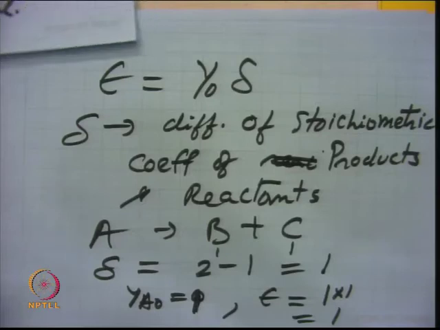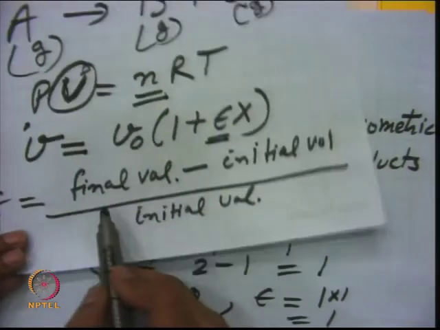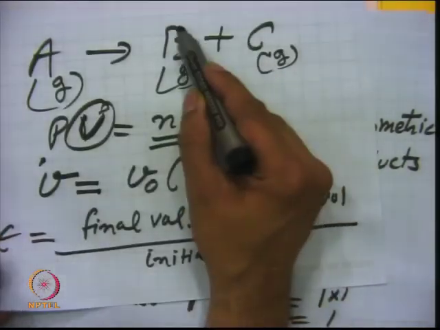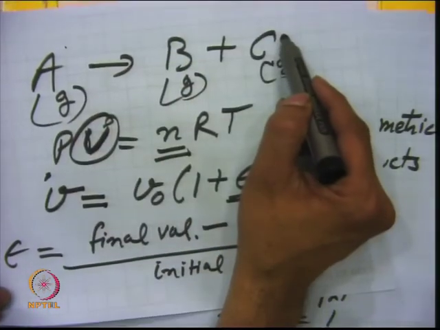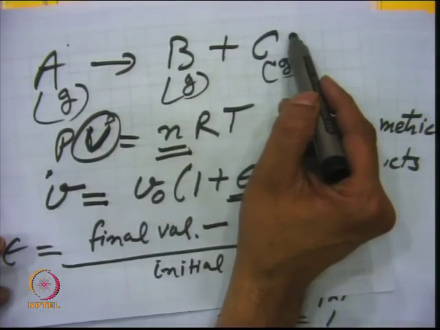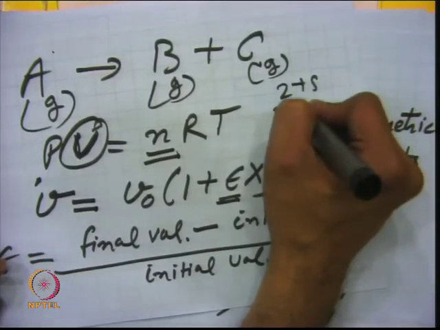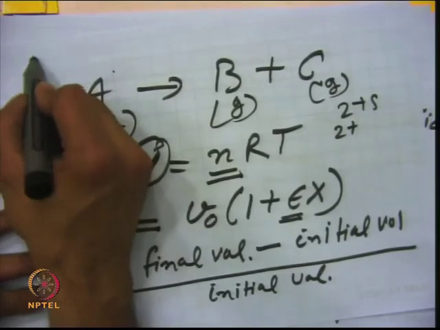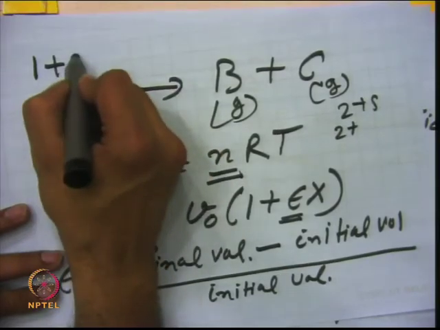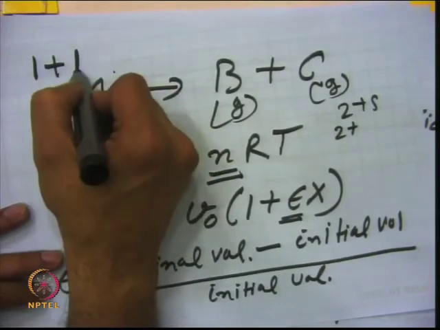If you do it from moles, 1 mole of complete conversion gives you 2 moles, but there is 50% inert. Suppose 1 mole of A and 1 mole of inert have been taken, for 50%.